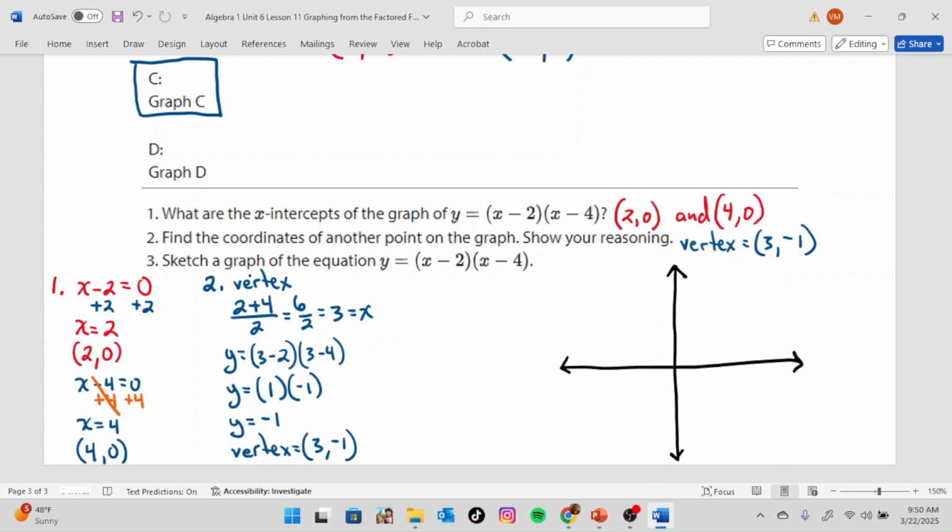I can see from these points that my biggest value is going to be 4. So I'm going to number to 5 in every direction.